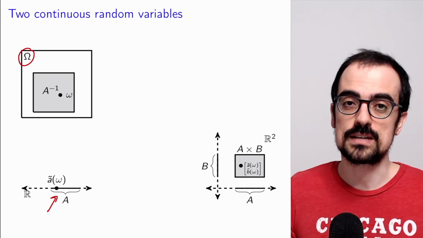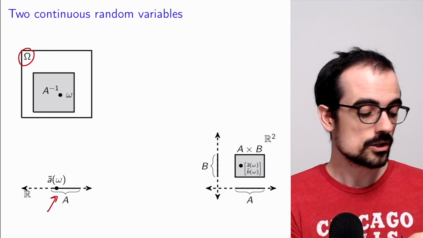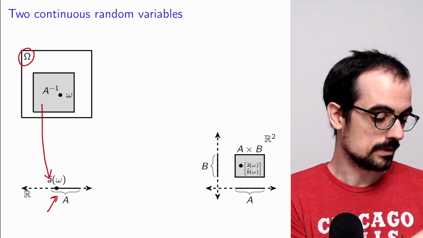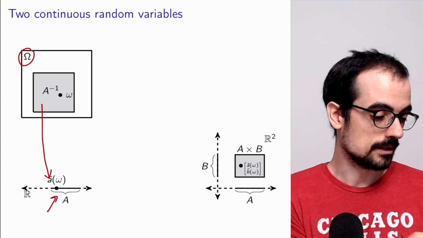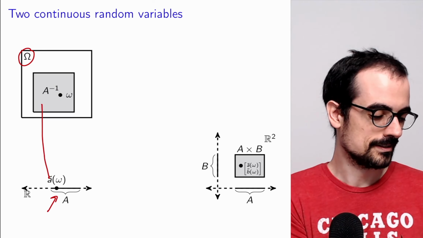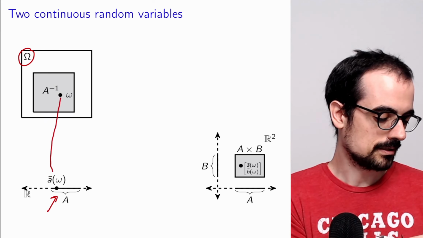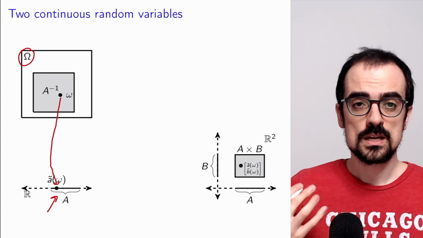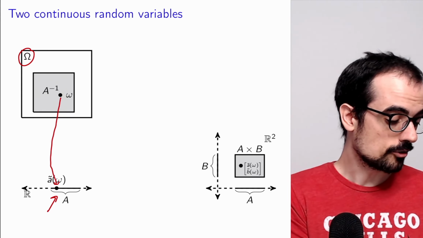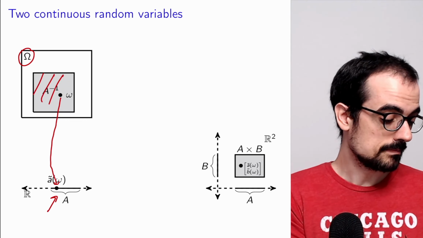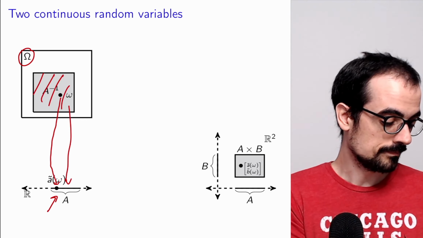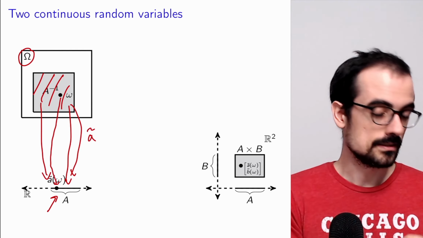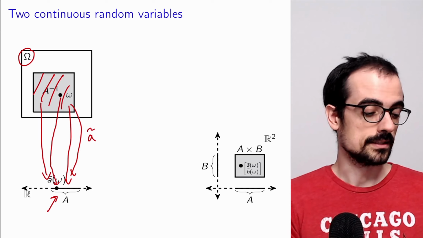And remember that random variables mathematically are functions from a sample space to the real line. So this point here is mapped by the random variable here, and this gray square contains all the outcomes that map to that interval through the random variable. So the random variable maps the outcomes in that event to that interval.